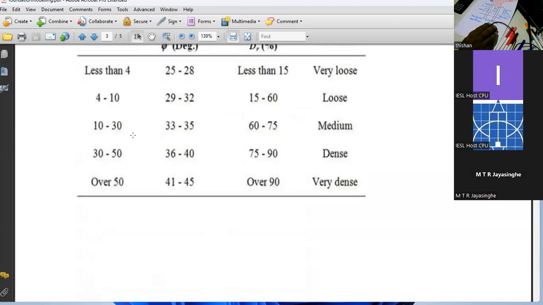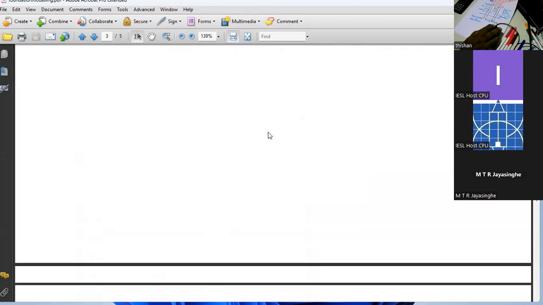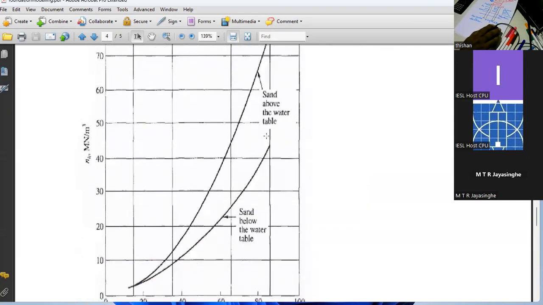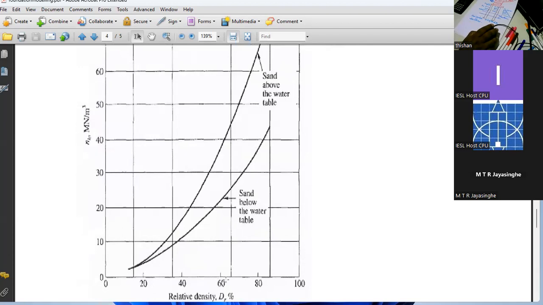Now let's say we are around 15, and we are going to say the relative density is about 65%. So what you do is you come to this chart and go along the 65% line. If the sand is below water table, you will use this chart.